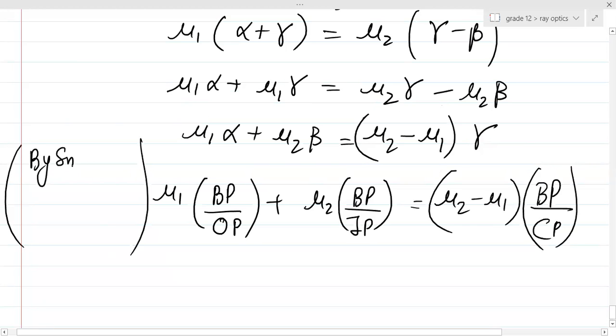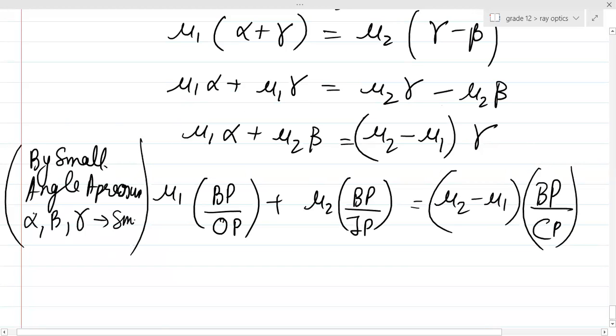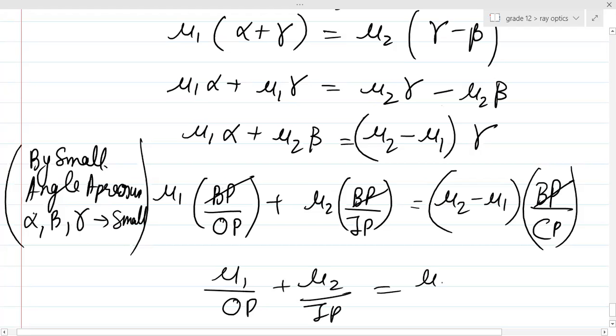By small angle approximations. Please remember this equation. From where does it come? By small angle approximation, alpha, beta, gamma were small. So now, can you see BP, BP and BP will get cancelled out. So it will be mu1 upon OP plus mu2 upon IP is equal to mu2 minus mu1 upon CP.